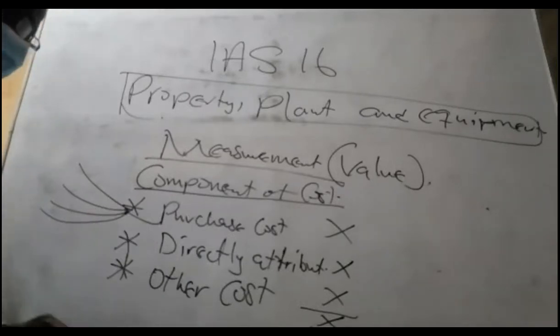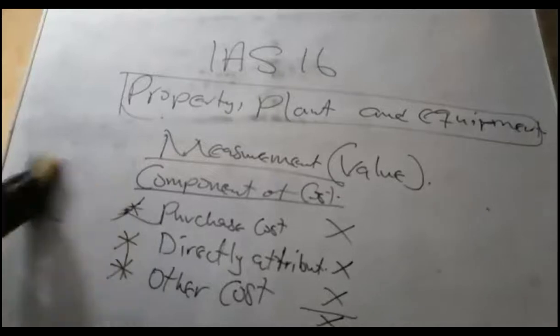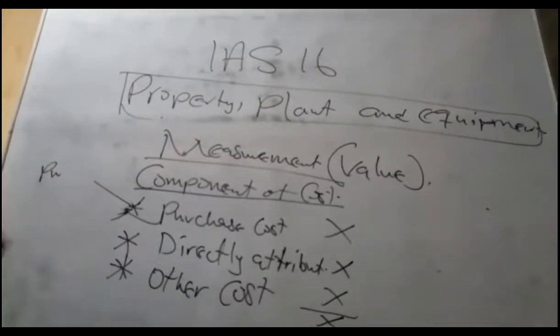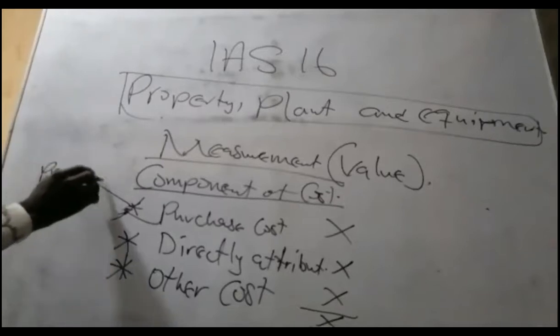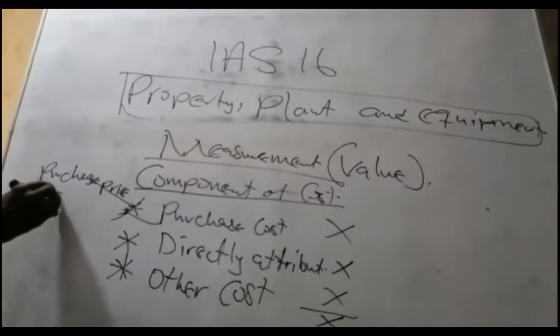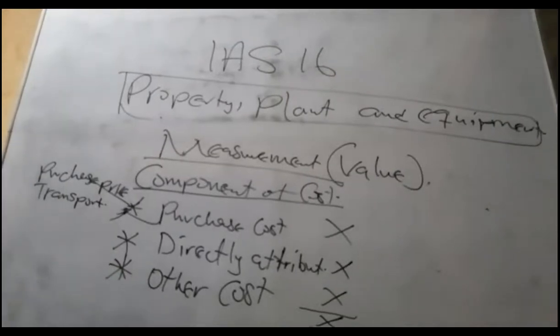So in short, the purchase costs include what? Let's list them here quickly. The purchase costs include, one, the purchase price itself. Two, the transportation cost or handling cost, delivery.